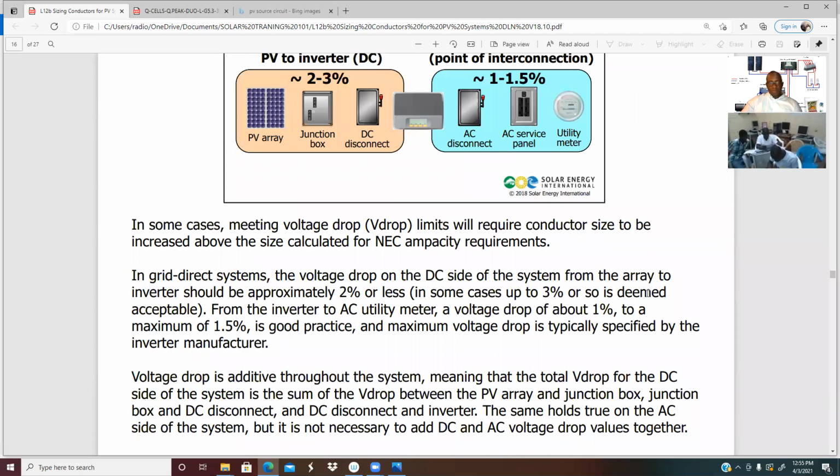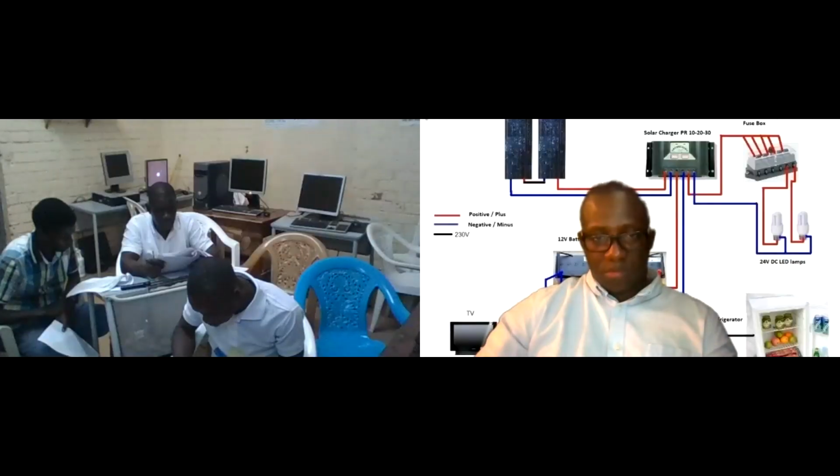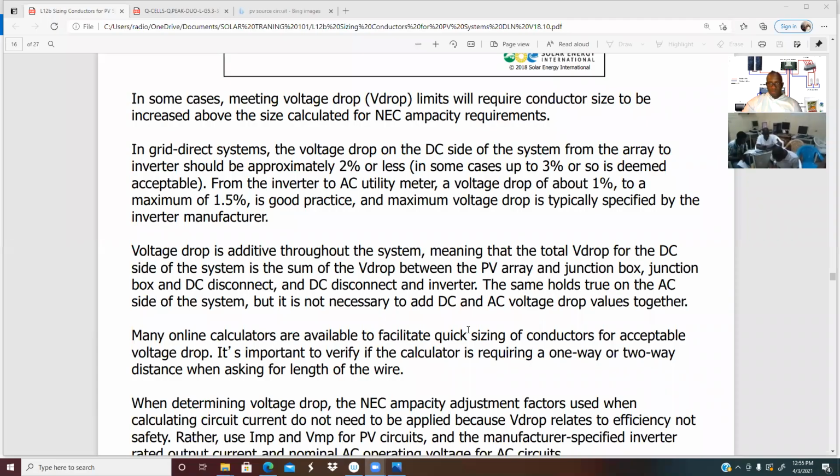In some cases, DC voltage drop, V drop, will require attention. In a grid-direct system, the voltage drop on the DC side of the system, from the array to the inverter, should be approximately 2% or less.